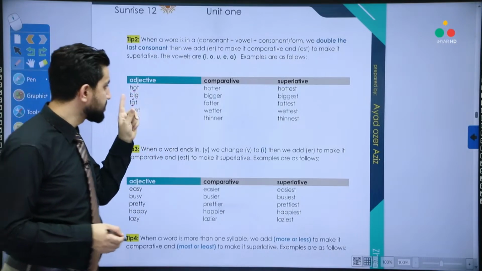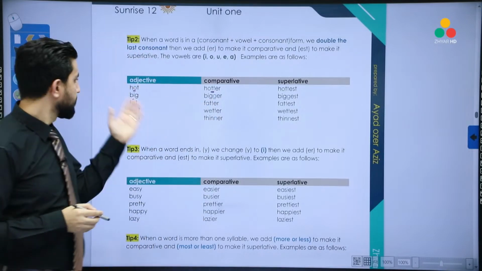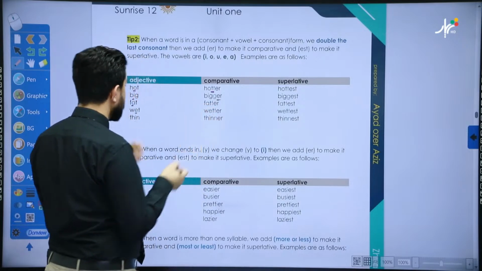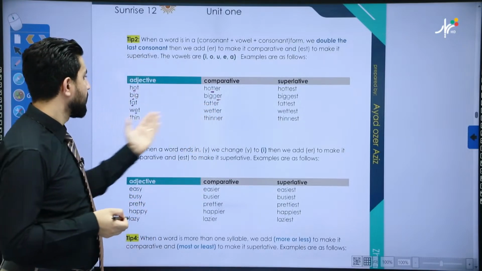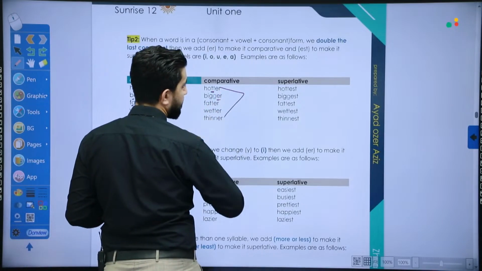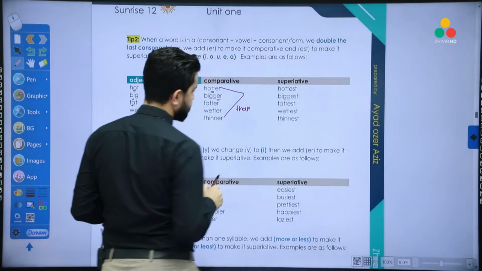So for example, hot becomes double T, then ER, hotter. Big, double G, then ER, bigger. Okay? Fatter, wetter, thinner. So don't forget, since it's comparative, they are always followed by the word than.